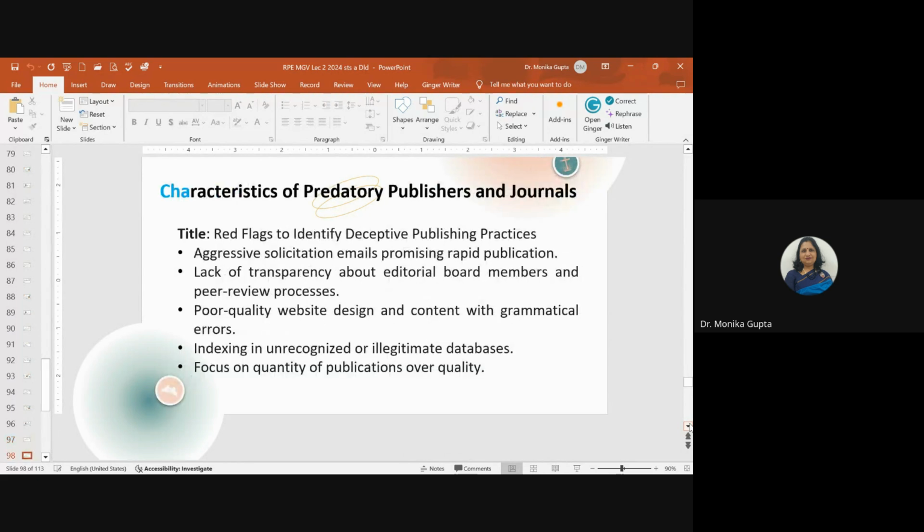Okay. Then what are the characteristics or the red flags to identify? Lack of transparency on editorial board members, aggressive solicitation emails, poor quality website design and content with grammatical errors, indexing in unrecognized or illegitimate database.